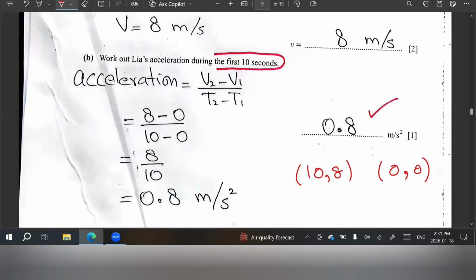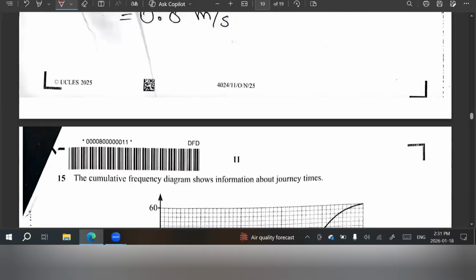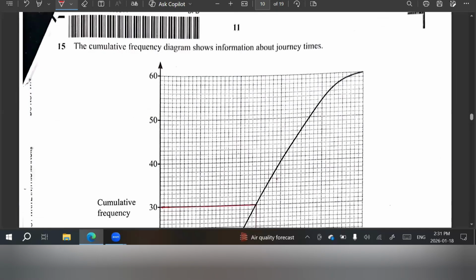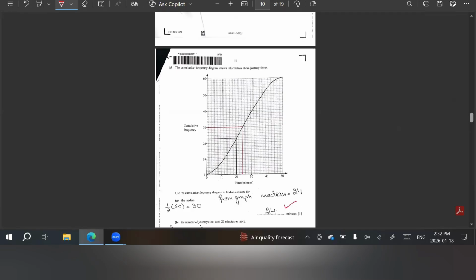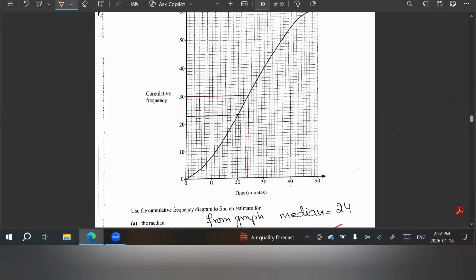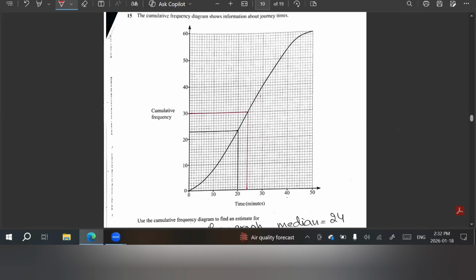Okay, let me show you. The half or 50% of 60 will be 30. Then I will check this 30 on the y-axis. From here, I will draw a line to the cumulative frequency.